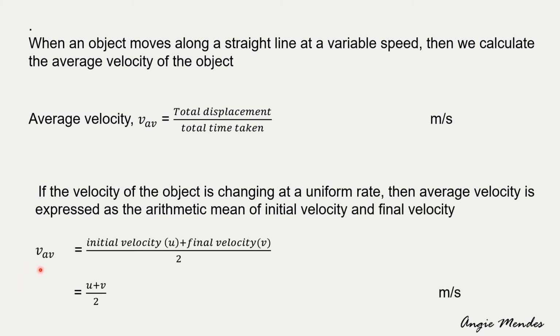So the average velocity will be expressed in this way: the initial velocity plus the final velocity upon 2, so this will be (u plus v) upon 2. So for this you have to take the initial velocity as well as the final velocity, add them and divide by 2.